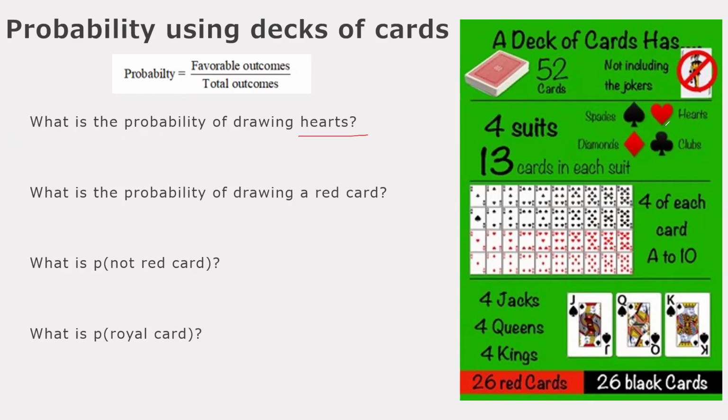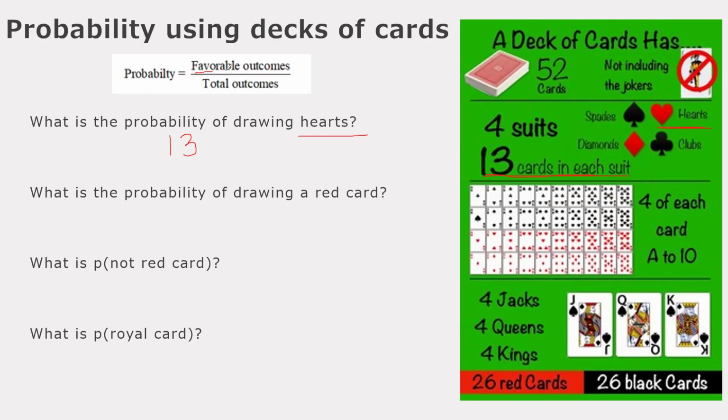Well, we see that hearts is one of the suits, and we're told that there are 13 cards in each suit. So that means there are 13 spades, 13 diamonds, 13 hearts, 13 clubs. Well, I wanted to know how many hearts, so that means there are 13 hearts. That is what we're trying to find the probability of.